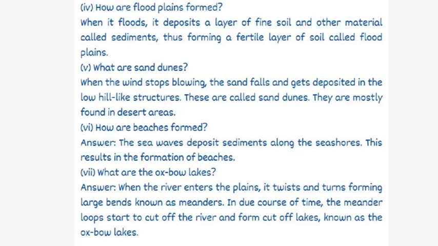When the wind stops blowing, the sand falls and gets deposited in the low hill-like structures. These are called sand dunes.